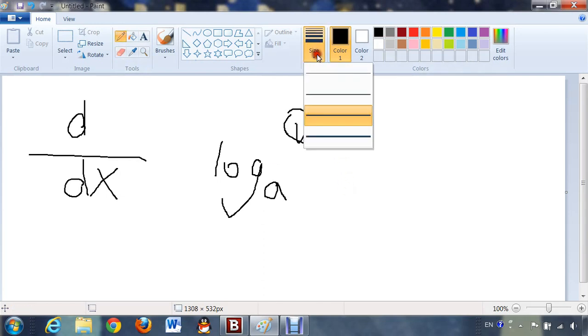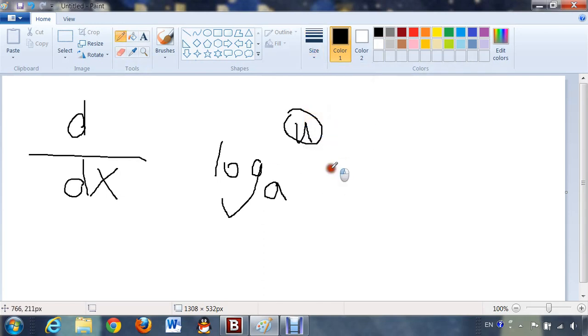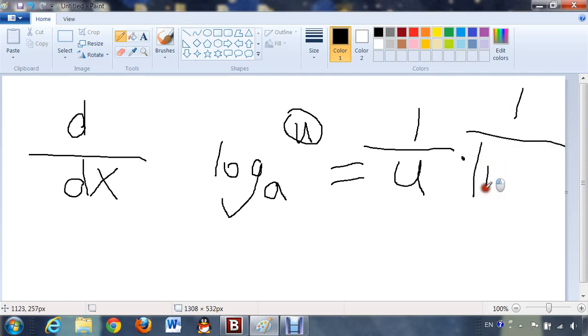So what is that equal to? Pretty sure you're faster than me. It's 1 over that something, similar to the derivative of ln of something, but you have to times 1 over ln a.